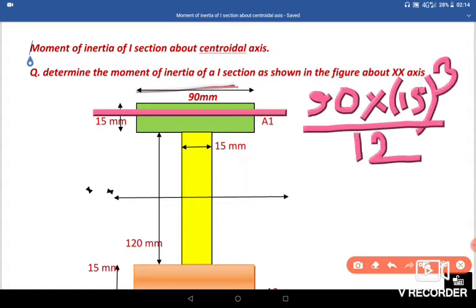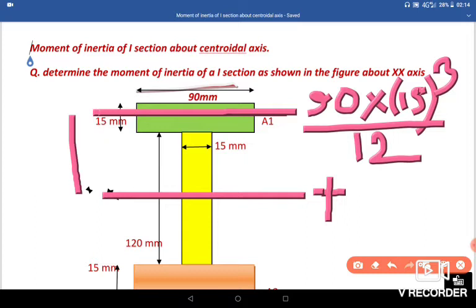This is the moment of inertia of section A1 about this axis, but you will have to calculate about this axis. So we are now using the parallel axis theorem. What is the distance between these two parallel lines? This is 60 and this is 15 by 2, that means 7.5.